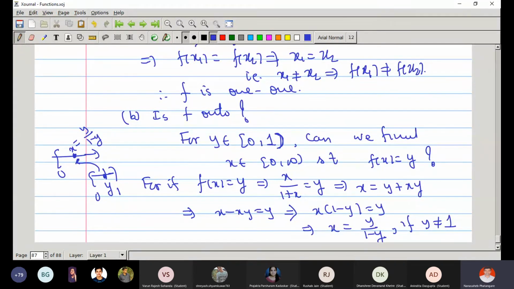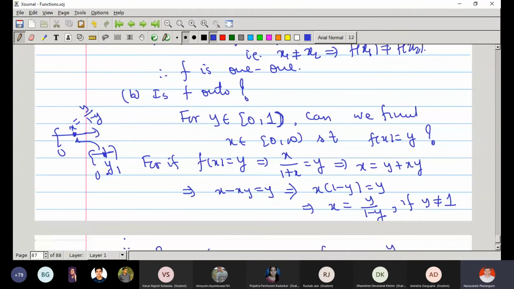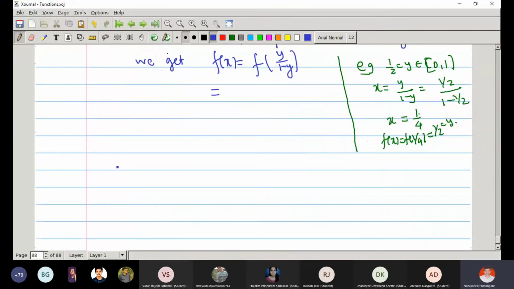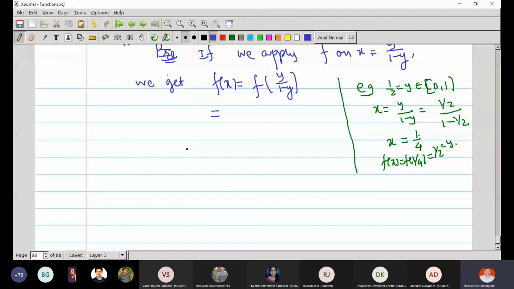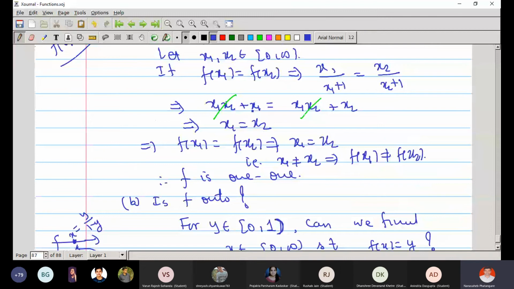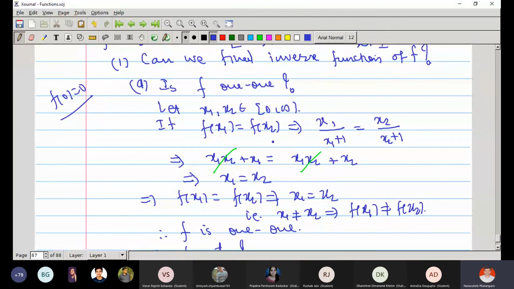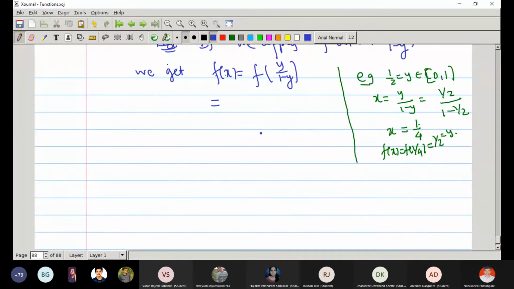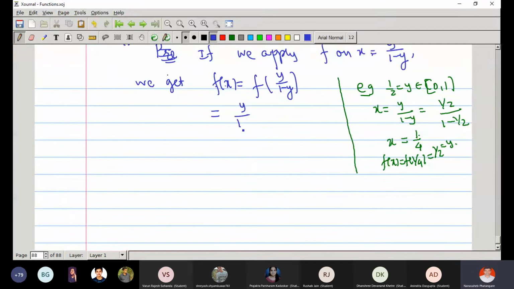If we apply f on x, that means y upon 1 minus y, but by definition of f, what is f of x? x upon x plus 1, right? Therefore, f of this number is this number upon 1 plus this number. Let us simplify this: 1 minus y plus y divided by 1 minus y.